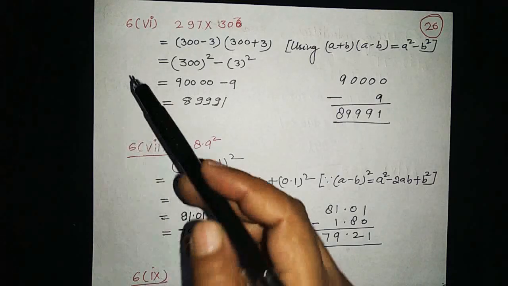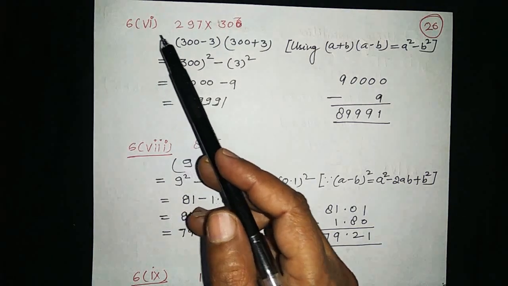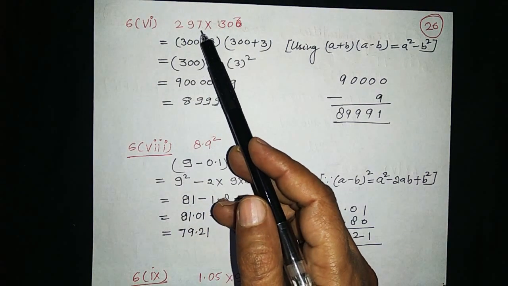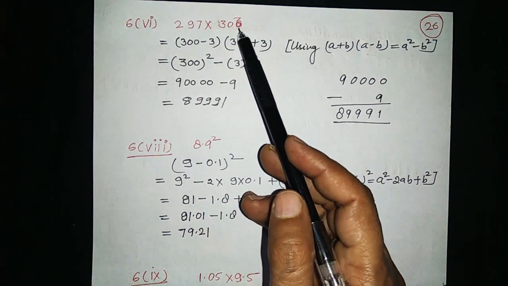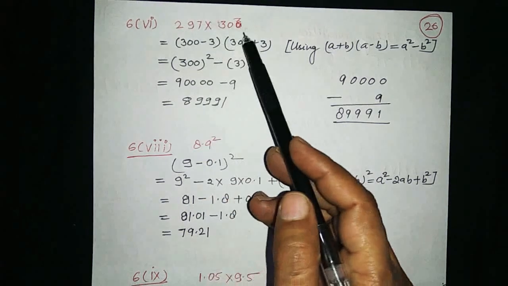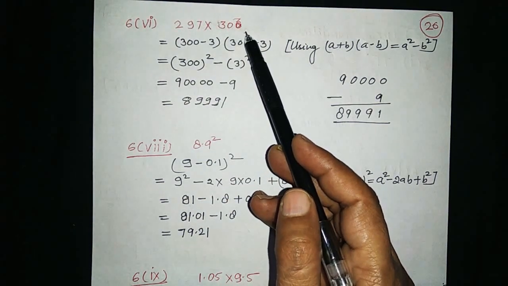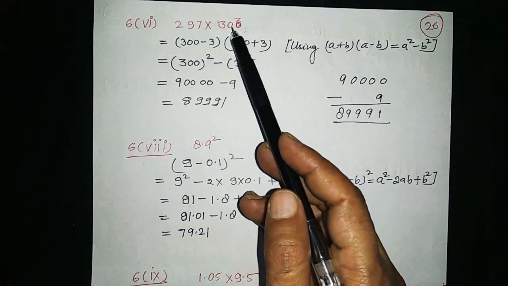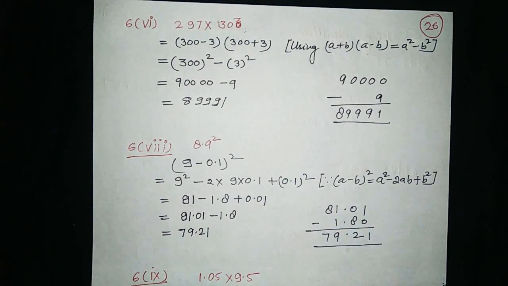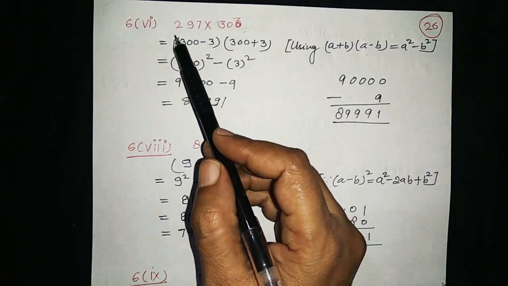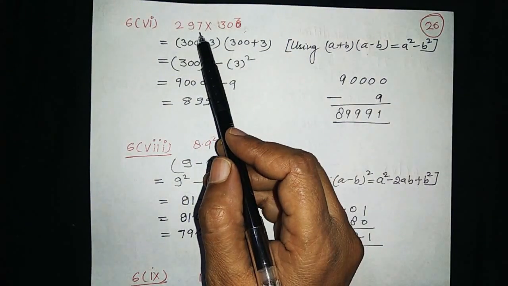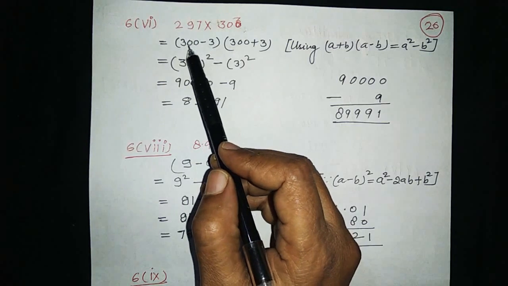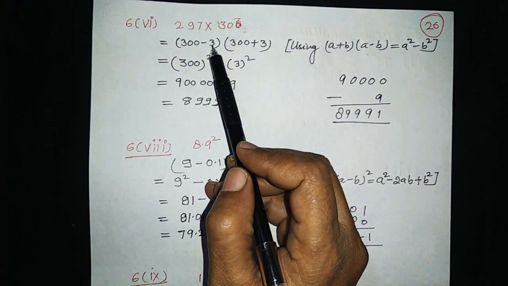Now see the sixth part of question number 6. Here the question is 297 into 303. Now here we have to use an identity. First we will write it in the form of a suitable identity. Okay, so for 297, students, you can write 300 minus 3.